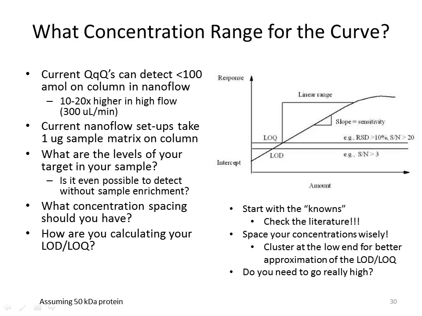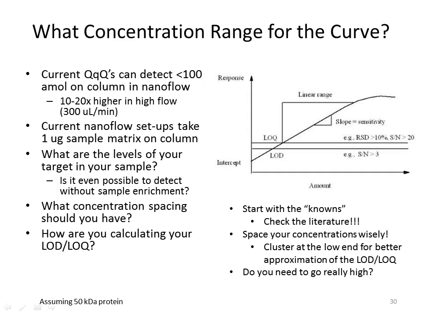So next, what was the concentration range for the curve? What do you want to shoot for? Do you need to demonstrate orders of magnitude? A lot of this really depends on your biological assay. If you have no idea, then you do something wide and broad, like we did for the study 9 method.